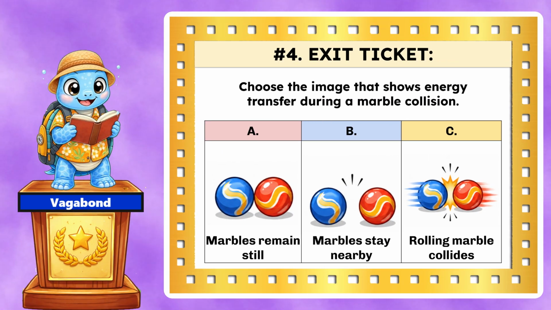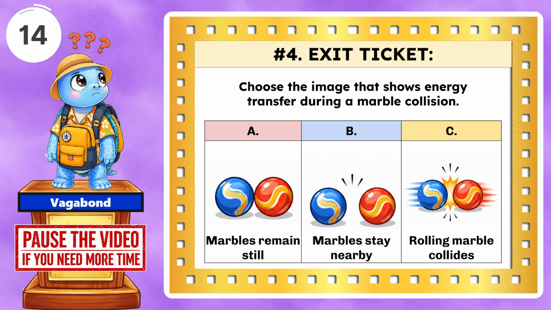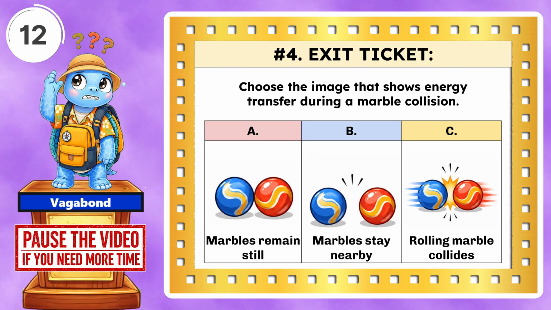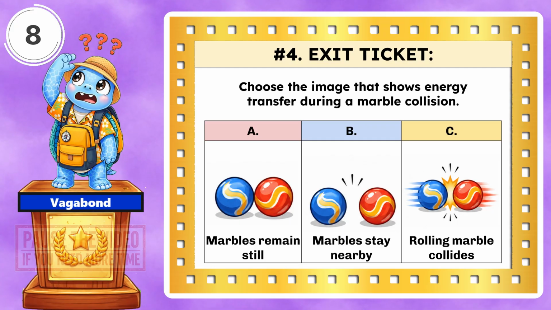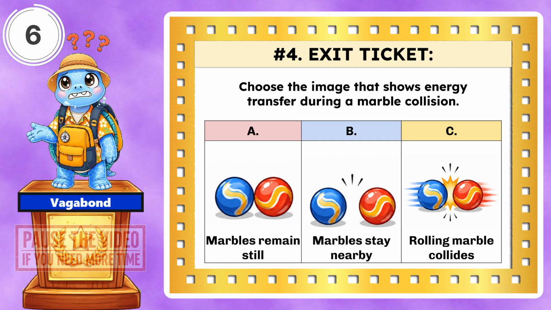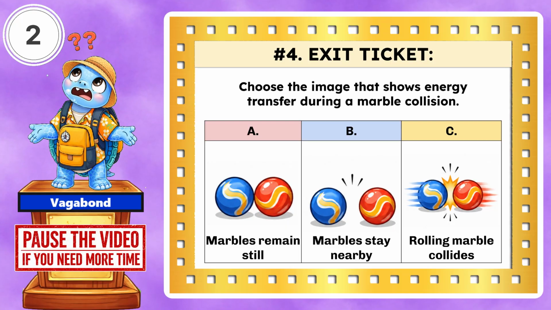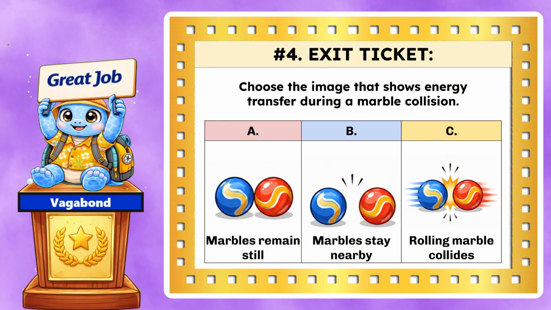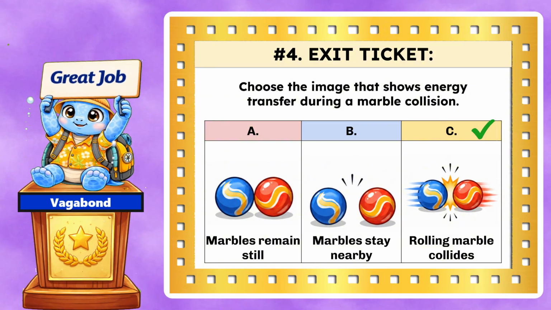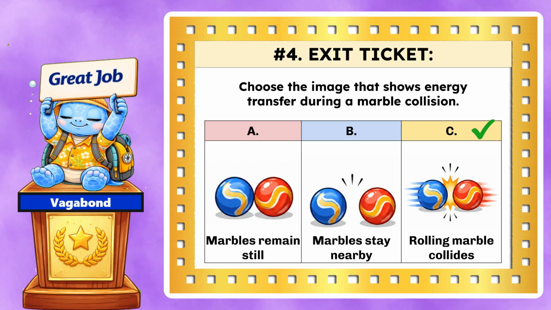Choose the image that shows energy transfer during a marble collision. And the correct answer is letter C, rolling marble collides.